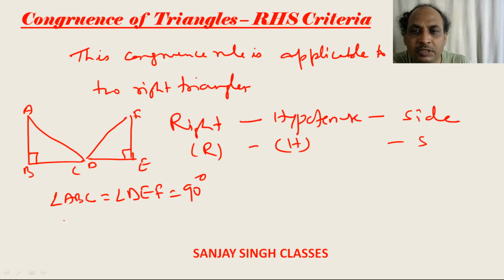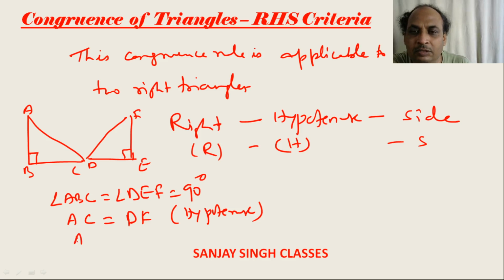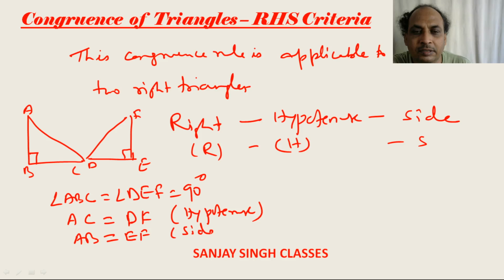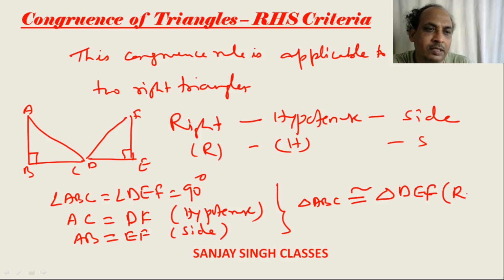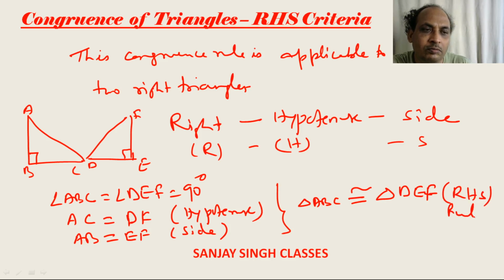Now hypotenuse means, sorry, not AD, AC is equal to DF. So hypotenuse, and any one side, either it may be AB or BC. So AB is equal to EF, one side. Then the triangle ABC will become congruent to triangle DEF using RHS rule.